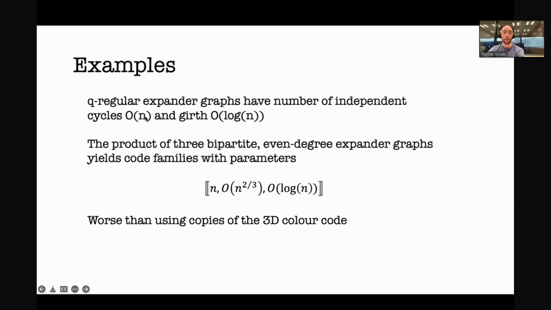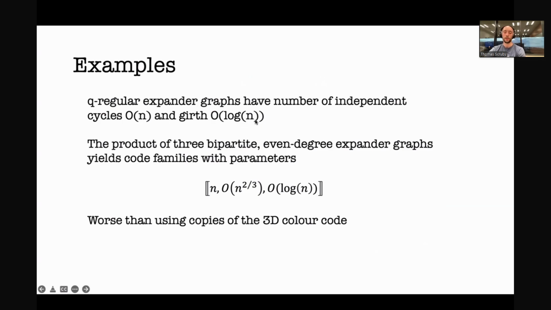Having a linear number of cycles is actually true for any Q-regular graph. It doesn't even have to be an expander. What being an expander gives you is this log n girth, because if you just come up with some family of Q-regular graphs yourself, it will probably have constant girth.